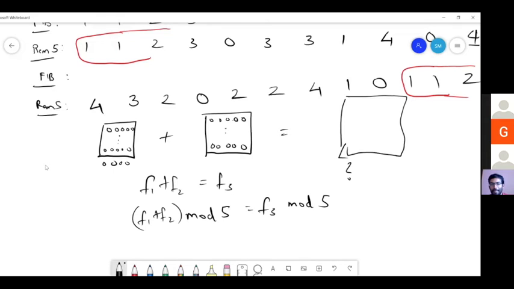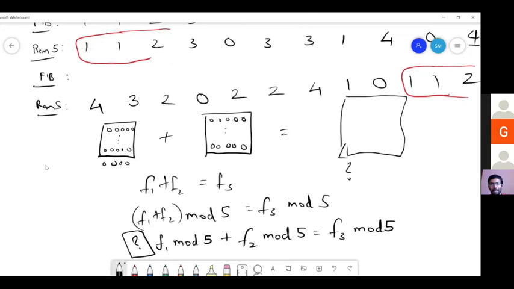So F1 plus F2 mod 5 is the same as F1 mod 5 plus F2 mod 5. Is it? I can again ask, take a simple example. 1 plus 4 is equal to 5. 1 mod 5 is 1 and 4 mod 5 is 4. And 1 plus 4 is 5, so 5 mod 5 is 0.